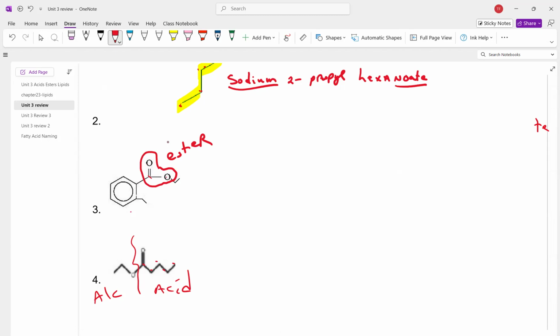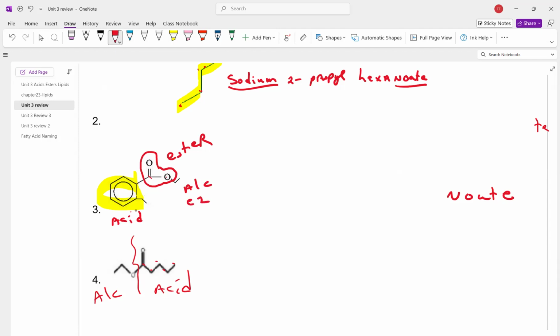So it's also going to have a noate ending. Okay, so what's the primary backbone? It's going to be benzoate because it starts with benzoic acid. And that's a 2-carbon alcohol.